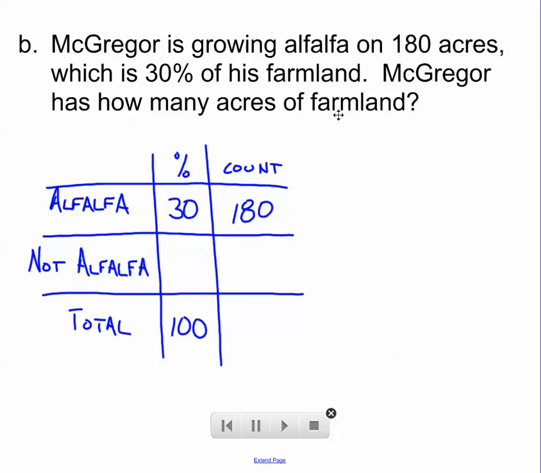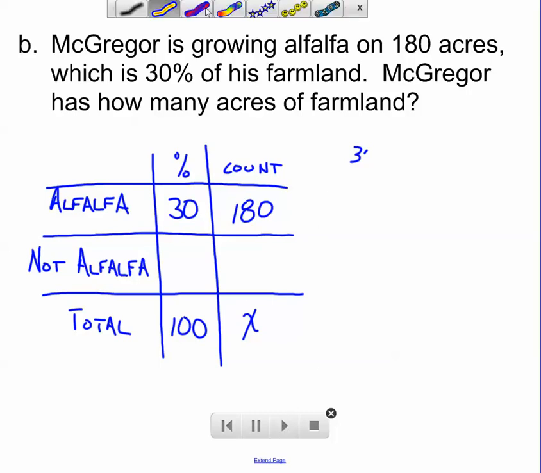Okay, they're asking us how many acres of farmland he has. So we're trying to figure out the total number of acres he has. Last time we knew the total number of pages in the book, we were trying to figure out the percent. This time we know the percent, we're trying to figure out the total. So that's a proportion.